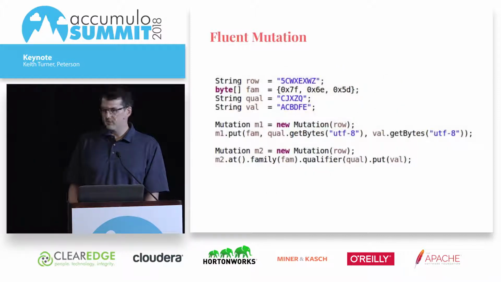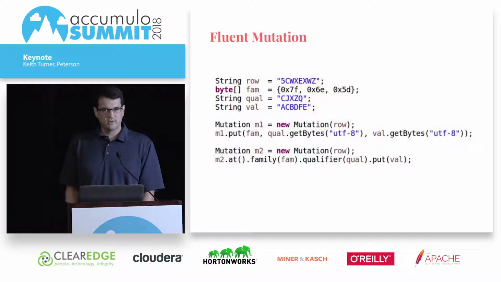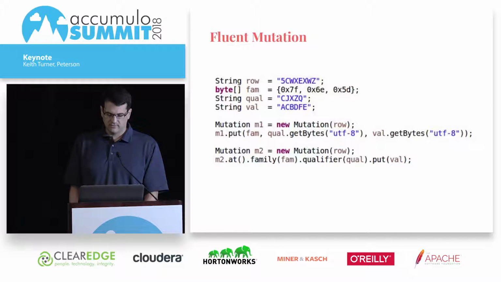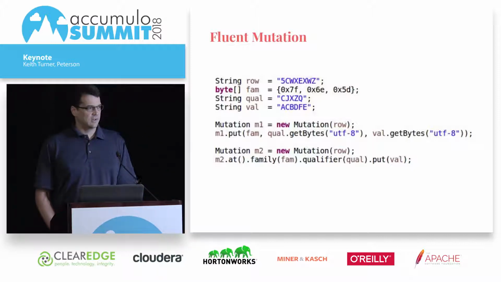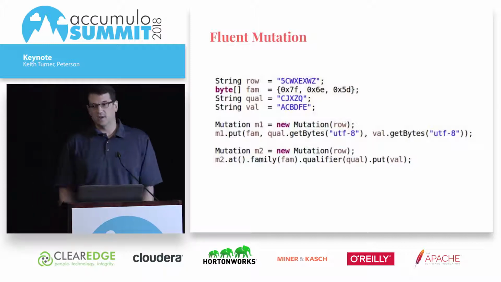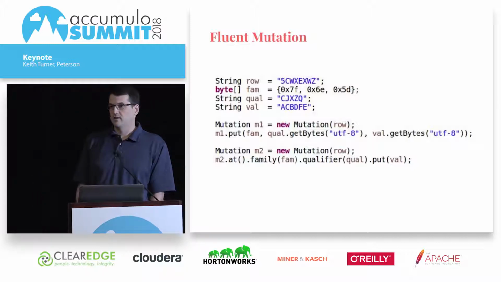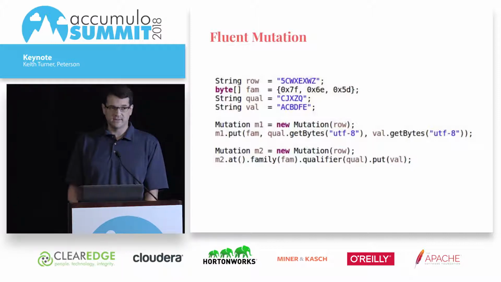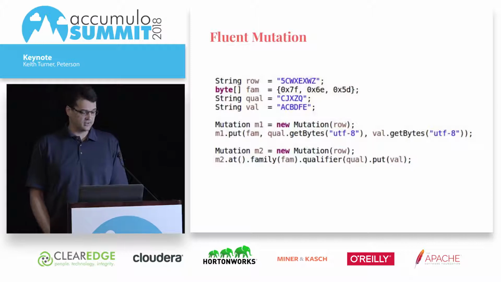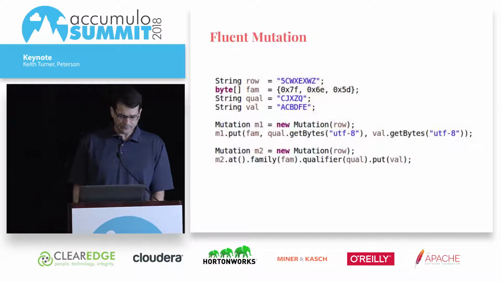Mutation has something similar, but we looked into creating a builder for Mutation. It didn't quite work because Mutation is already kind of a builder. A mutation is a row with a list of column values. And the existing Mutation code has all these put methods to add additional column values to a mutation.